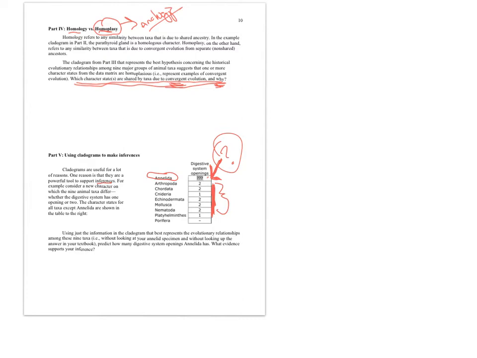So, for instance, if Annelida's closest relative were Mollusca, then you might guess it has 2 openings. If Cnidaria is its most common ancestor, you might say it has 1. In any case, take a look at it, make a decision, put that on there, and we'll discuss it in class. All right, have a good one.